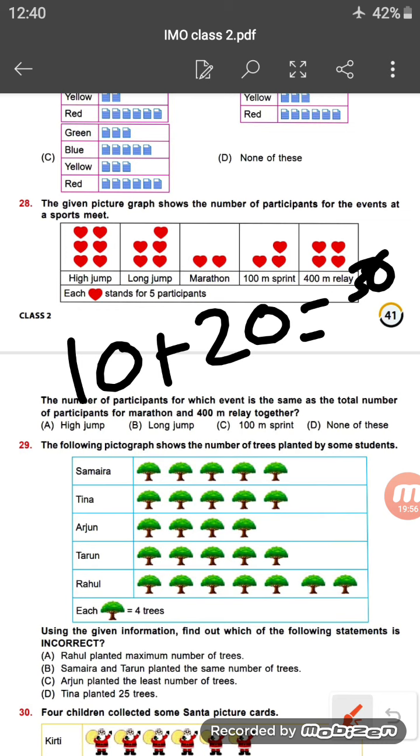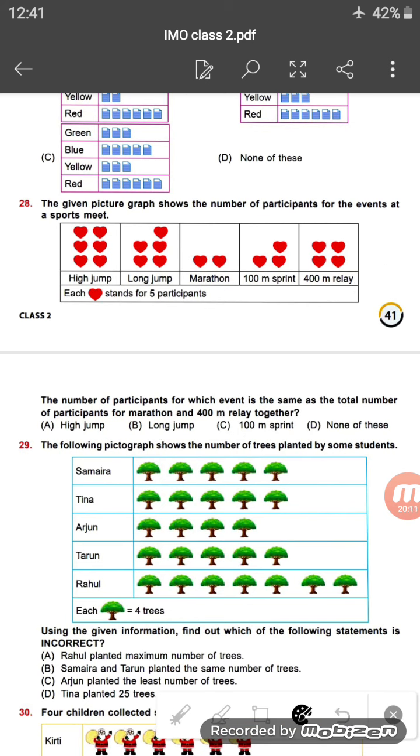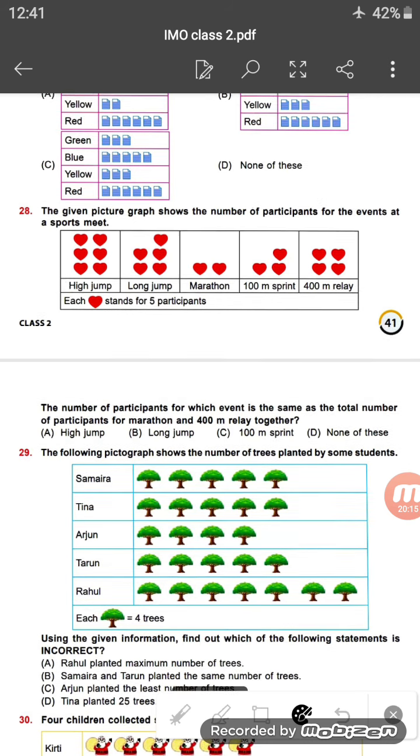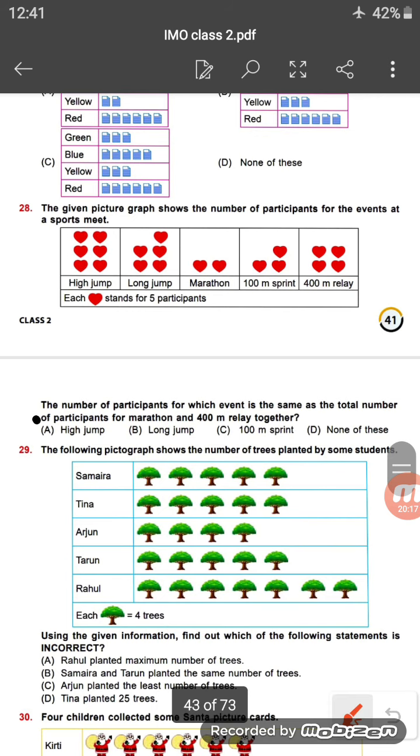Now the number of participants for high jump is also 30. So obviously option A will be the correct answer.